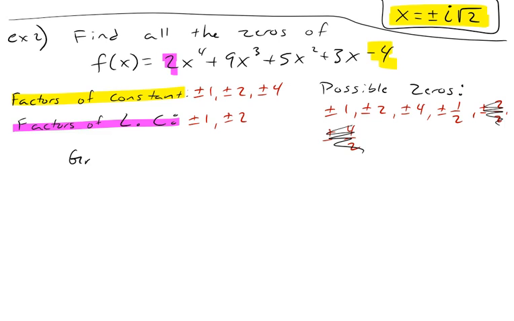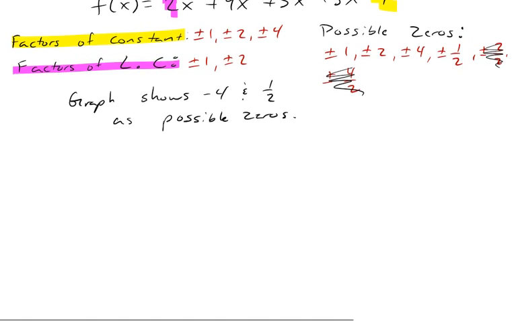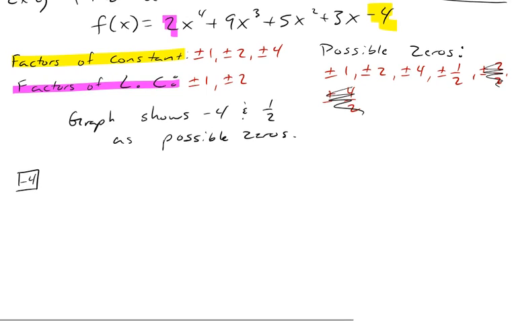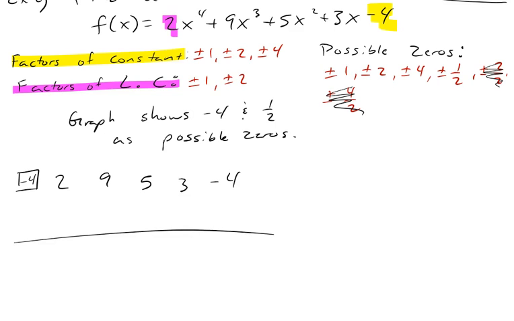Let's make a note: graph shows negative 4 and 1/2 as possible zeros. So I'm going to do negative 4 first. Negative 4 with 2, 9, 5, 3, and negative 4.